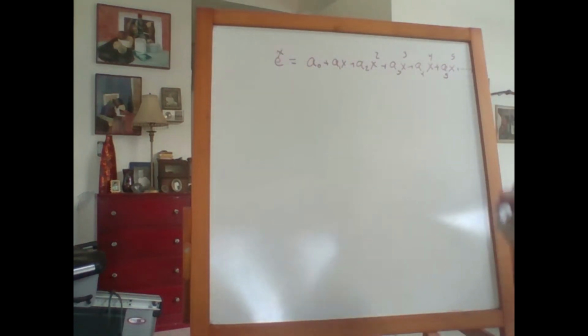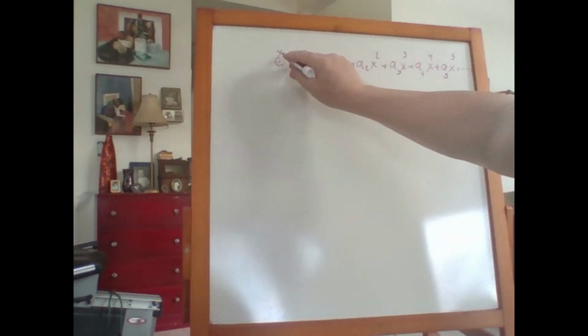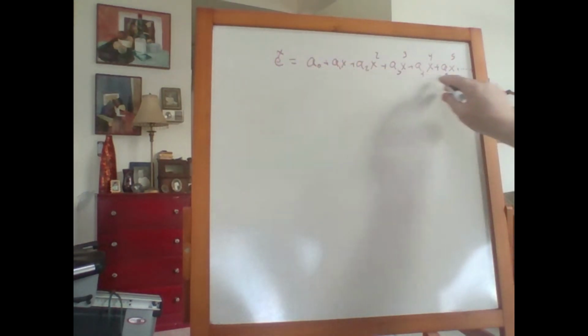A naught is 1, because e to the 0 is 1. Those are all zeros.